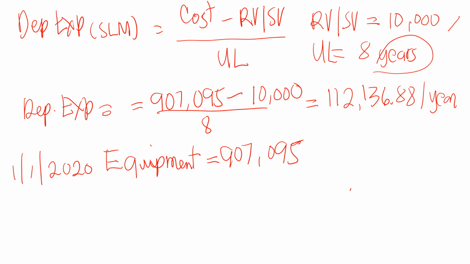Because the company did not pay in cash, remember, it is subject to 10% trade discount and 2% cash discount. So where's my computation? So that is 900,000.